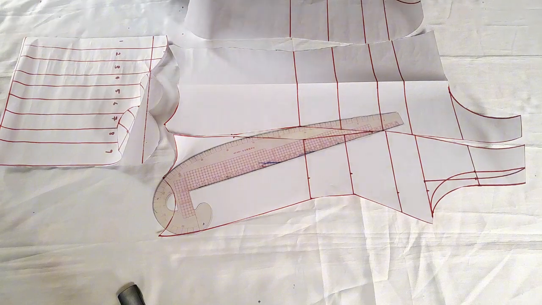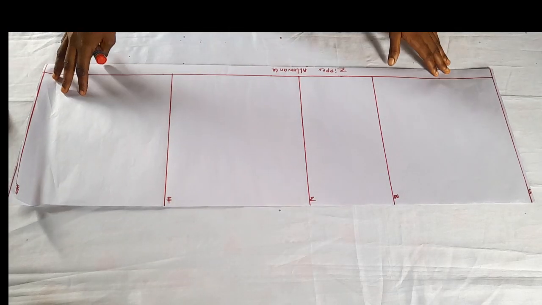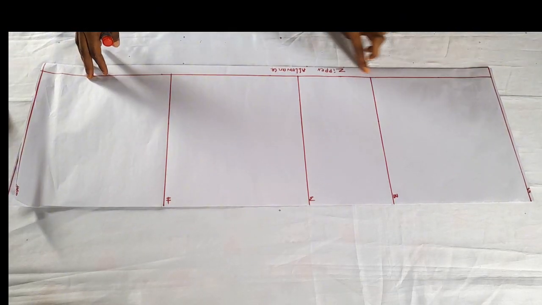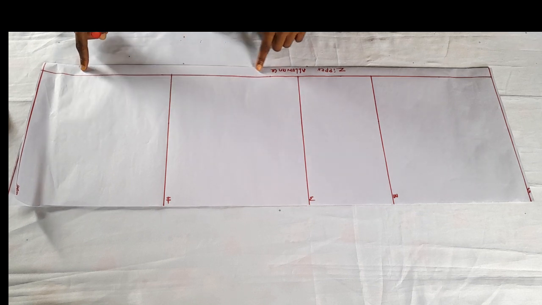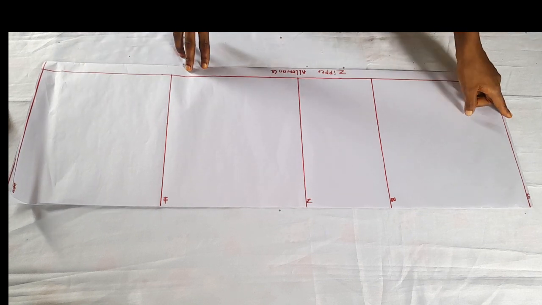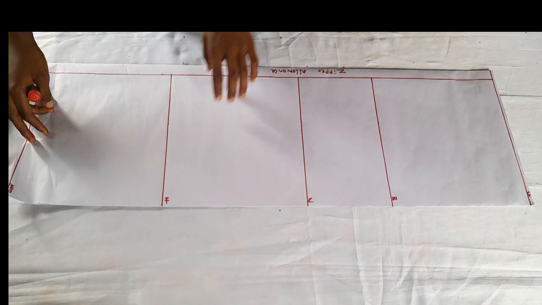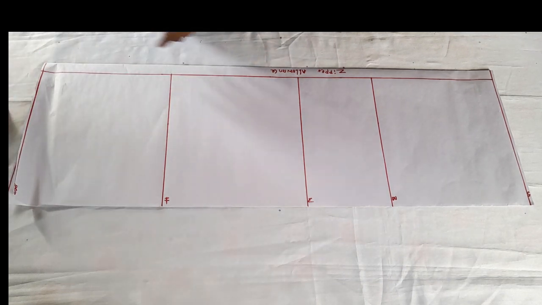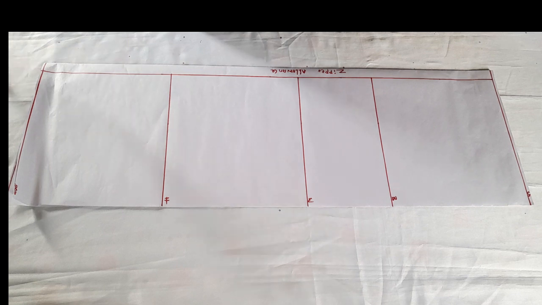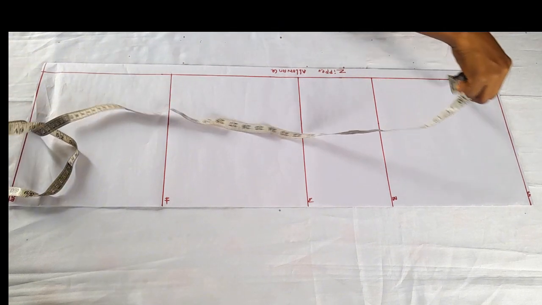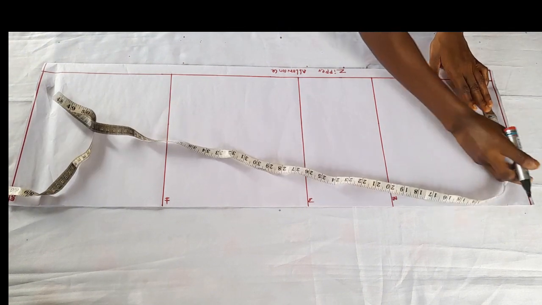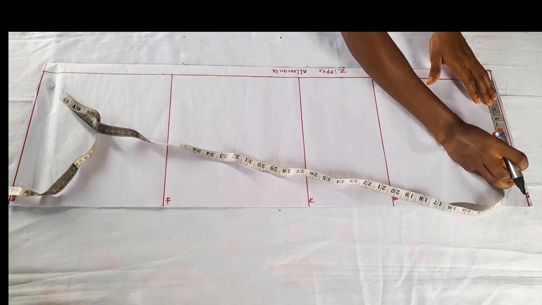To draft for my back pattern, as you can see here, I've gone ahead to give my zipper allowance of 1 inch. So here is my shoulder line, bust line, waistline, my hip line, and my hemline. Then the next thing to do here, we are going to take our shoulder measurement just the same way we did for the front pattern. So I'm going to mark 8 inches here for my shoulder measurement.